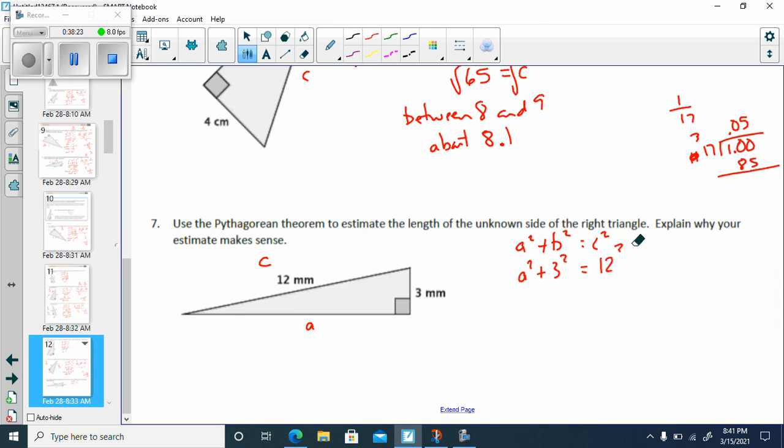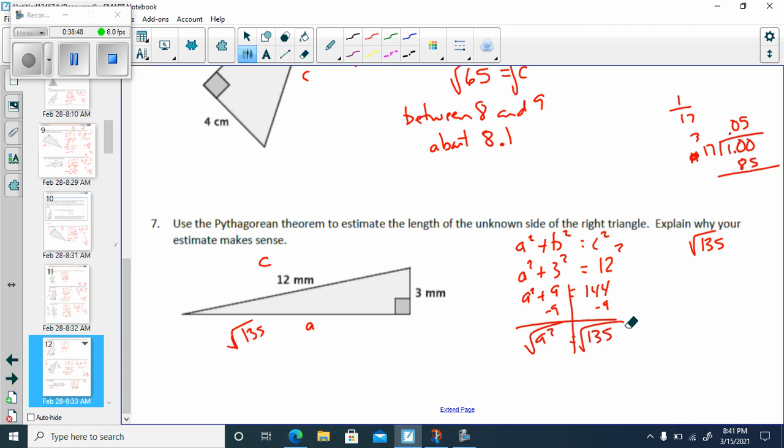Okay, that's a squared plus 9 is equal to 144. Let's subtract 9 from both sides. And that means a squared is equal to 135. Let's take the square root of both sides. We know this is the square root of 135, but we don't know what the square root of 135 is, okay?